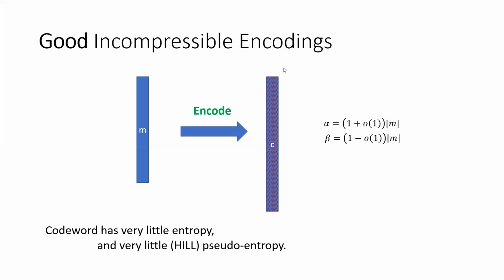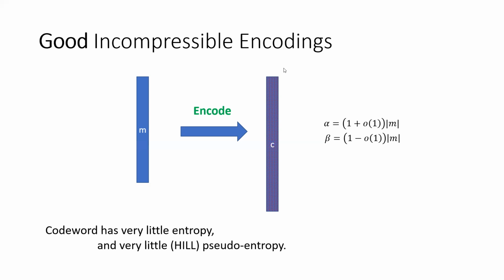Moreover, the code word even has very little pseudo-entropy, at least if we talk about HILL pseudo-entropy. HILL pseudo-entropy means it's indistinguishable from some random variable that has a lot of entropy. And this is true because if you take something with a lot of entropy, it's unlikely to decode to the message m.